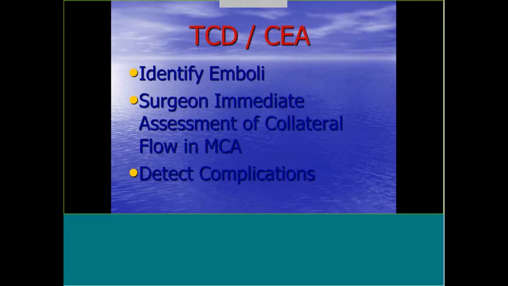Okay, so let's talk about emboli first. We all know from past lectures that other people have given, not only myself, that emboli can be identified with TCD. You're bouncing off of moving red blood cells. As the cells are going past the ultrasound beam, we're able to get a measurement of flow velocity, how fast they're going in there.